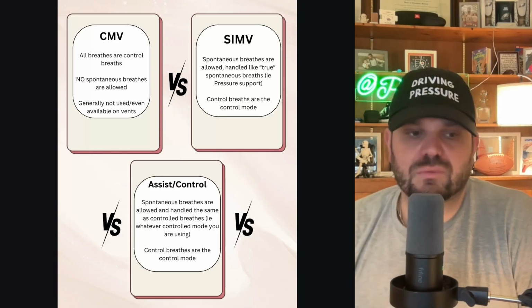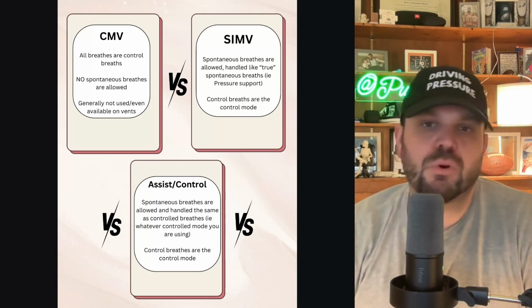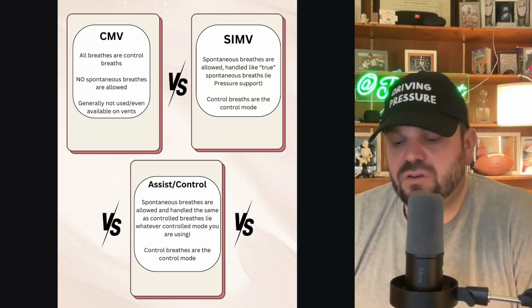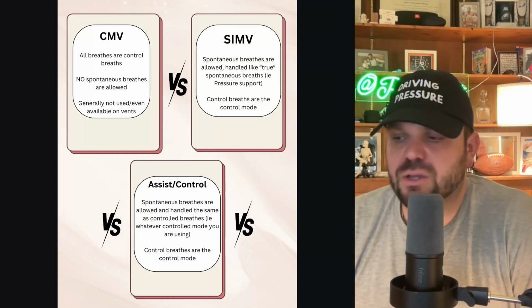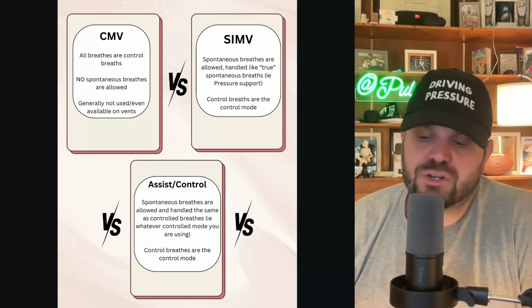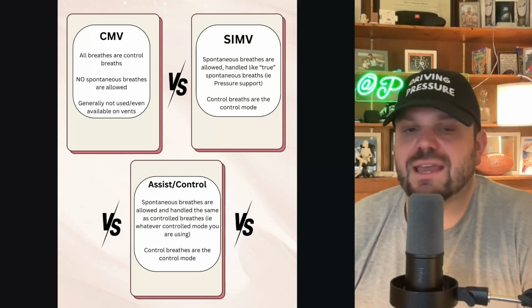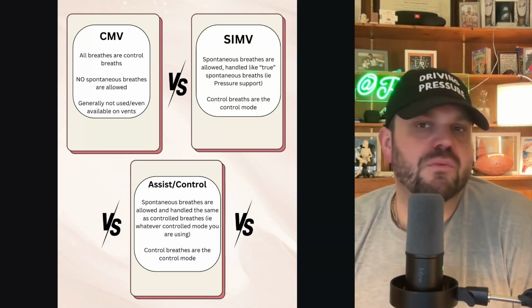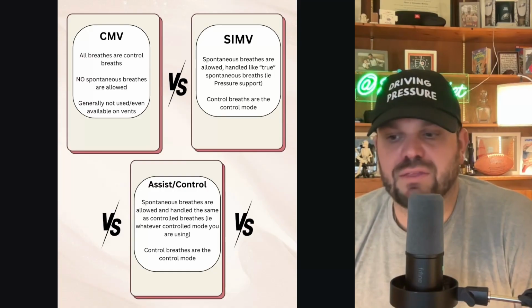So I don't know, this is not a hard concept to get, but I think it is an important distinction. And then it gets to the point of why SIMV isn't really a good mode to use anyway, because if you have SIMV PC with the inspiratory pressure set at 10 and your pressure support during the spontaneous breath set at 10, the only thing that's different between your mandatory breath and your spontaneous breath is the cycling.